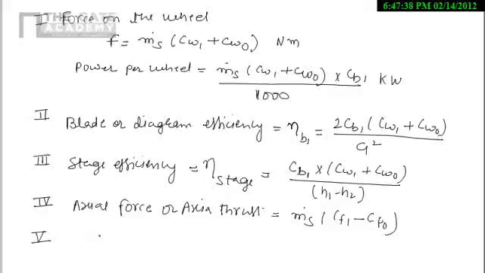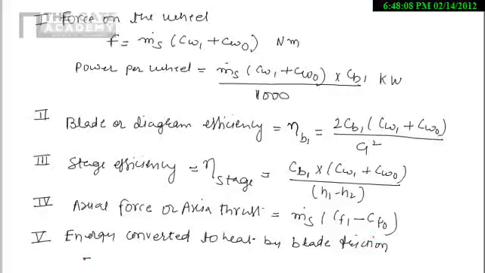Now we are interested in energy converted to heat by blade friction, because whenever the steam is moving over the blade there will be friction. Some of the energy will be wasted in overcoming friction. So I am talking about energy converted into heat by blade friction.